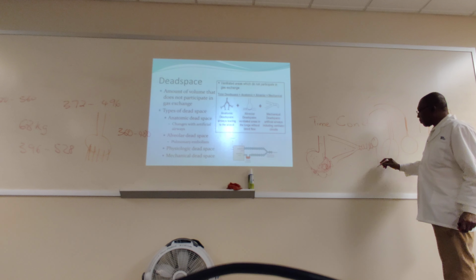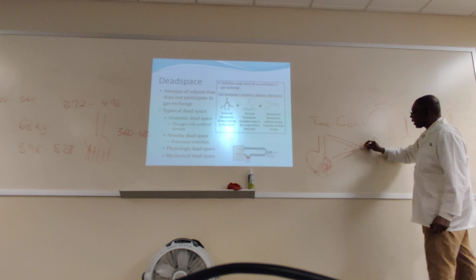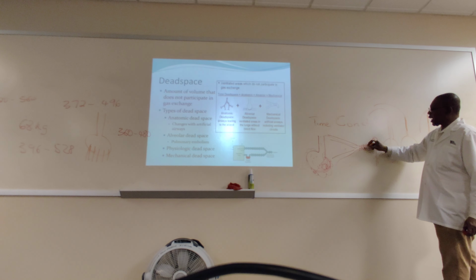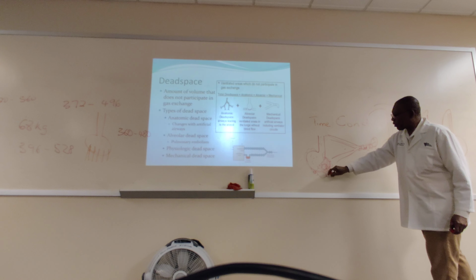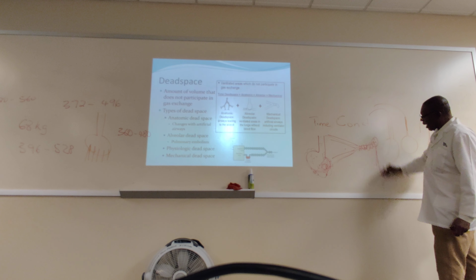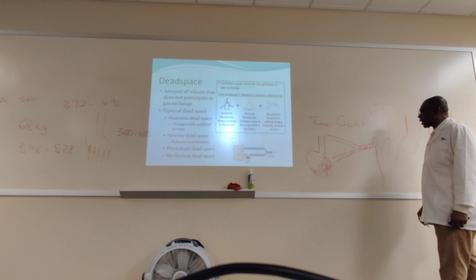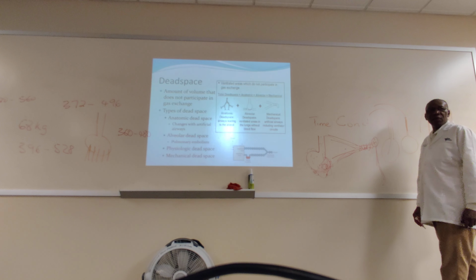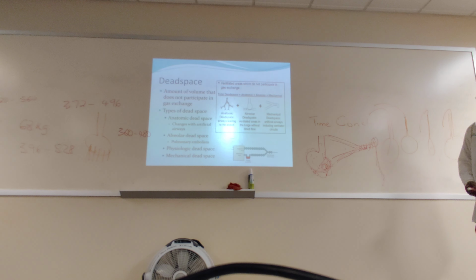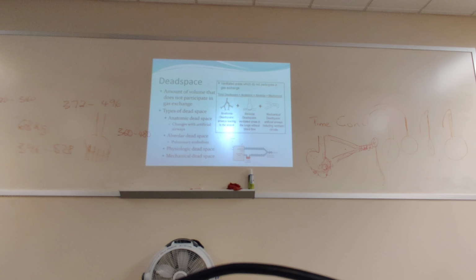When the patient exhales, the air goes out, but you still have some air in there, which is full of your CO2. The patient breathes in again, the ventilator cycles back on, and you push this air down first, before the fresh air begins to enter the lungs. That is called volume rebreathe. That's another name for dead space. You are rebreathing CO2, and that will cause your arterial CO2 to rise.